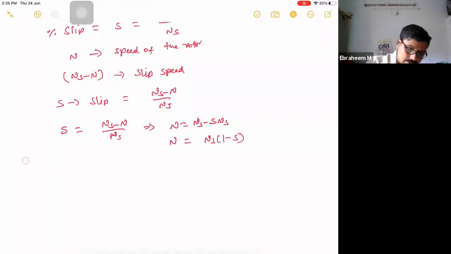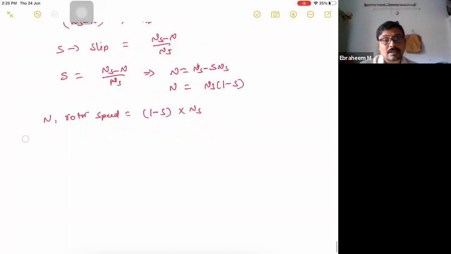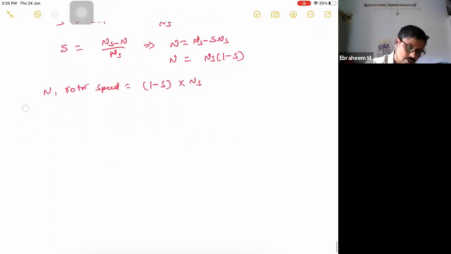Okay, so rotor speed is equal to (1 minus S) times the speed of the rotating magnetic field. Okay, now the frequency of the rotor current. How much frequency? Speed and frequency are always related in AC motors.